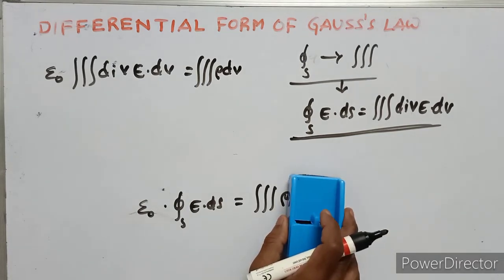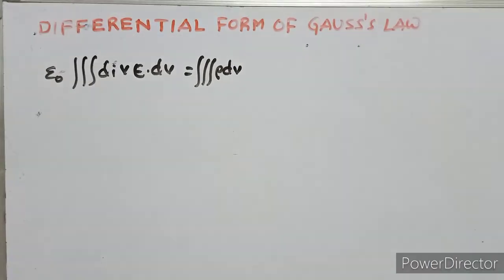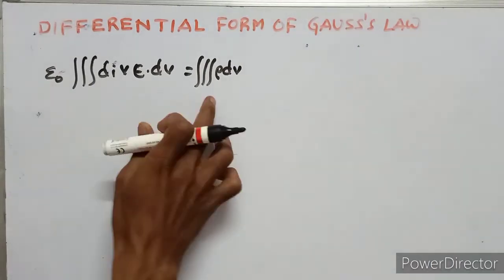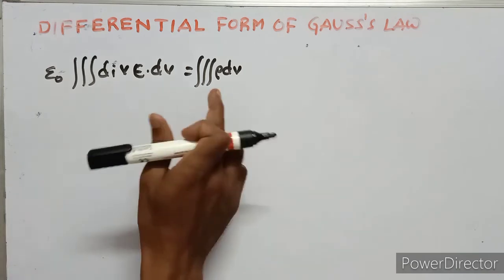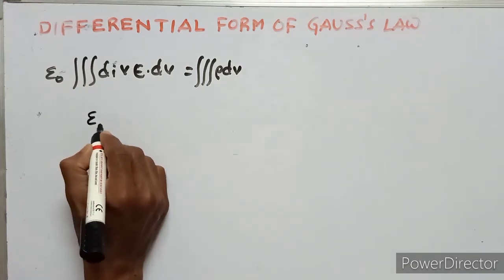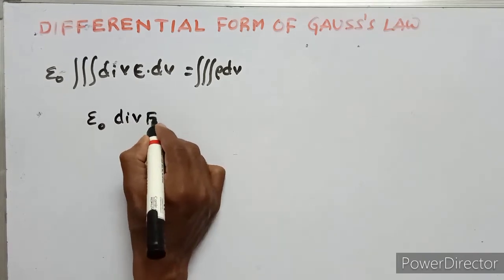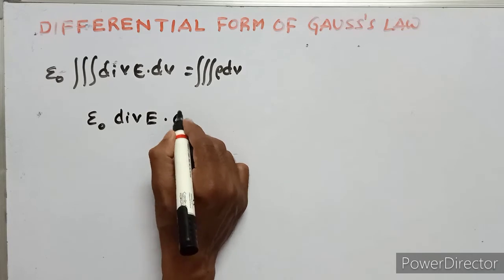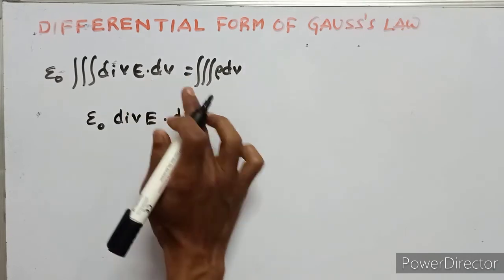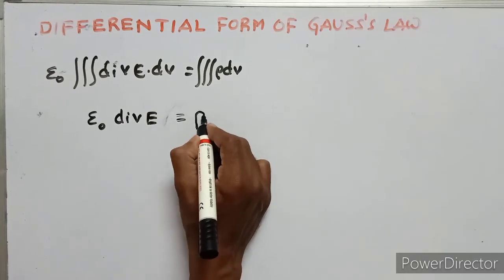Then if integrals must be equal, LHS and RHS integrals must be equal, then epsilon naught divergence E, dV is also cancelled, that is equals to rho.